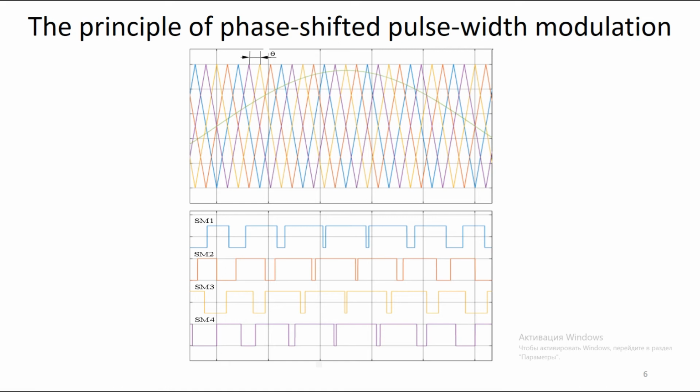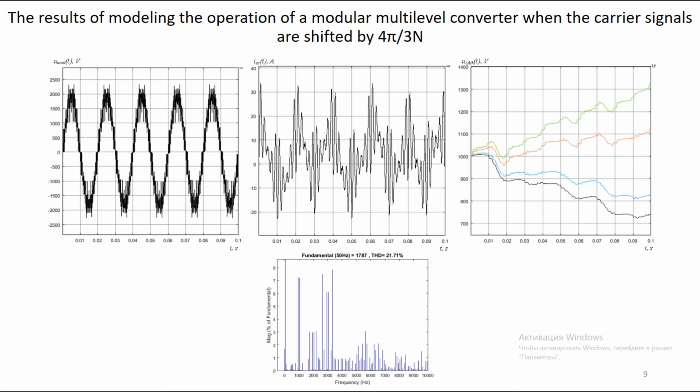On this slide, we can see results of the modular multilevel inverter with the value of the shift of the carrier signals reduced to the level of 50% from the previous case. The graph of the output voltage visually shows even greater sinusoidality than in the previous case.